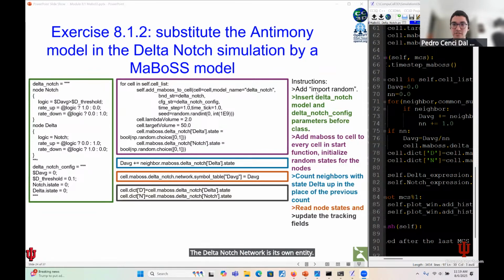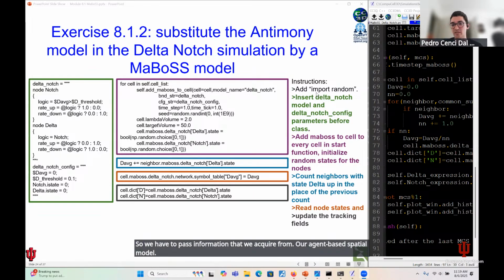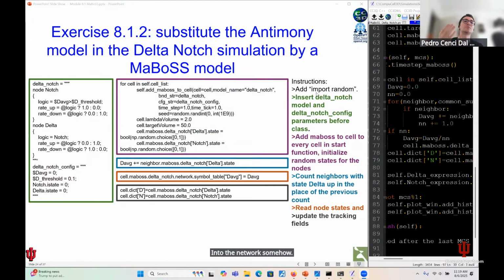It runs elsewhere. It doesn't know anything about CompuCell. So we have to pass information that we acquire from our agent-based spatial model into the network somehow. So this is what we're doing. We have a variable called delta average that we measure in CompuCell, and then we have to pass this variable back to the network.